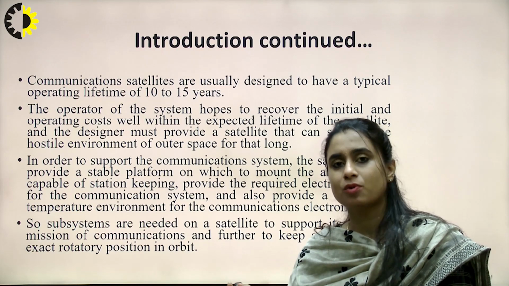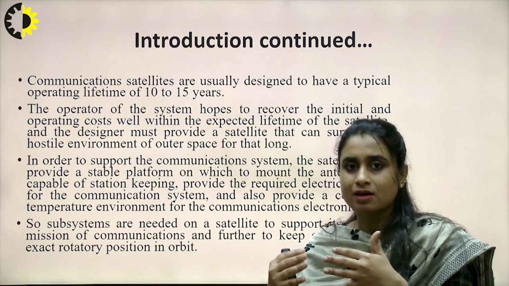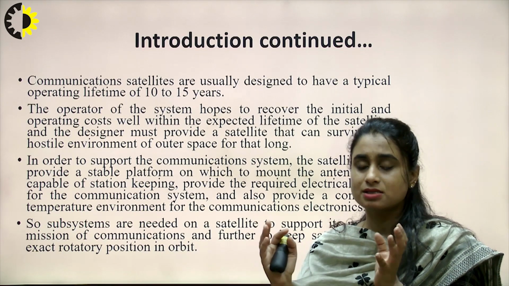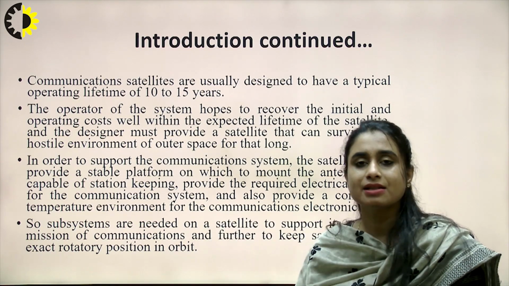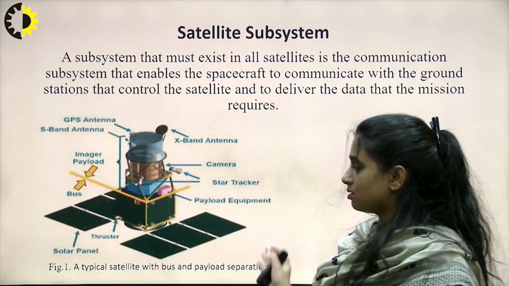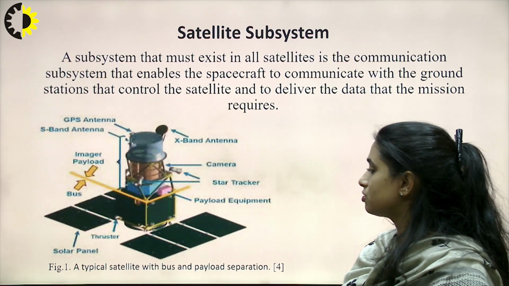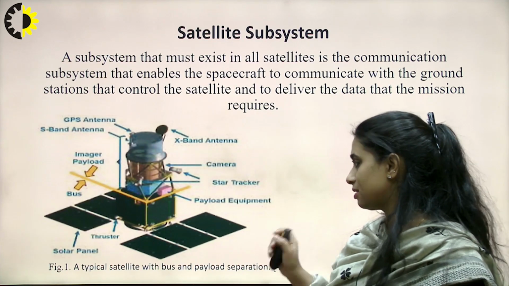And what is required to support that? We need batteries, we need solar power, or we need energy, right? We need some systems that will maintain the satellite in its orbit. So there are several things associated. This picture shows a typical satellite. It has the bus and the payload separation.